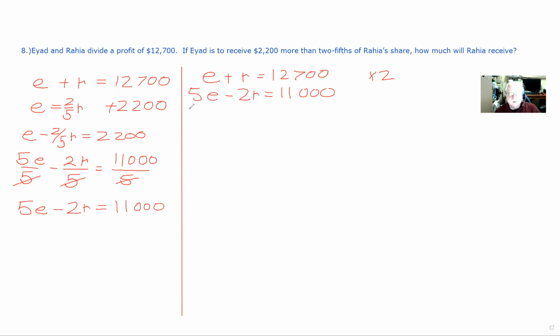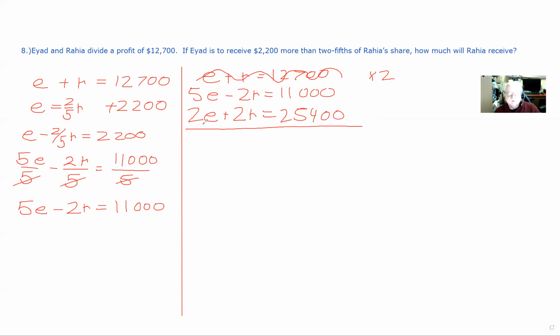So we'd have 2E plus 2R equals, and 12,700 times 2 is 25,400.